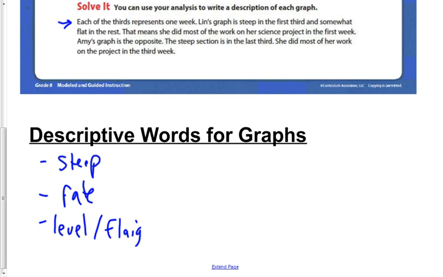I was thinking of the word straight, but flat. You could also use horizontal or vertical. Those are some other good words when describing, if there are any horizontal or vertical lines.